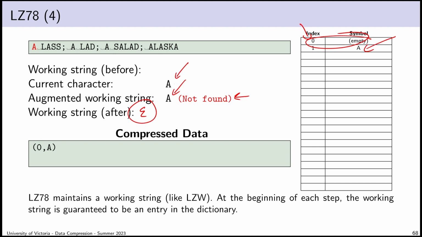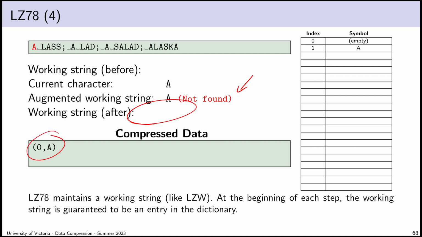So when I get to a step where I have to clear the working string, like this one, I'll use this slide as an example. When I have to clear the working string, I have to emit some output, just like in LZW. The output I emit is a pair. So here we go again with these back reference literal pairs. And the back reference takes the form of the symbol table index of the working string at the beginning of the step. So in this case, index 0, because it's the empty string.